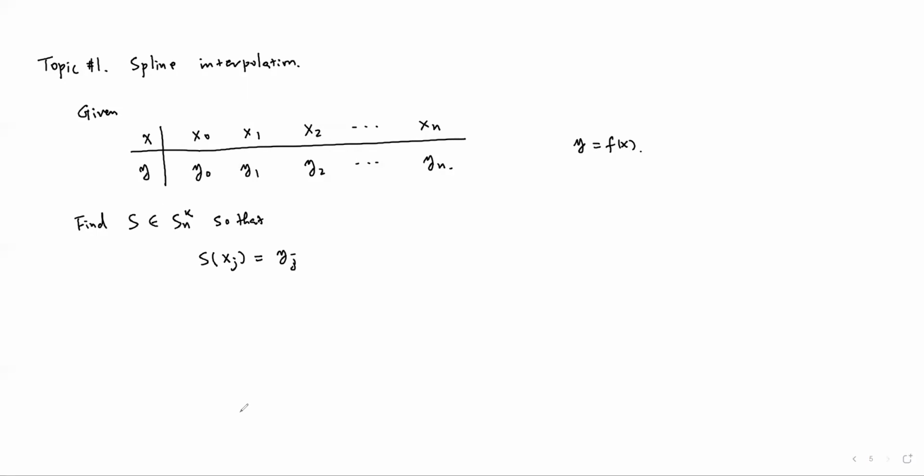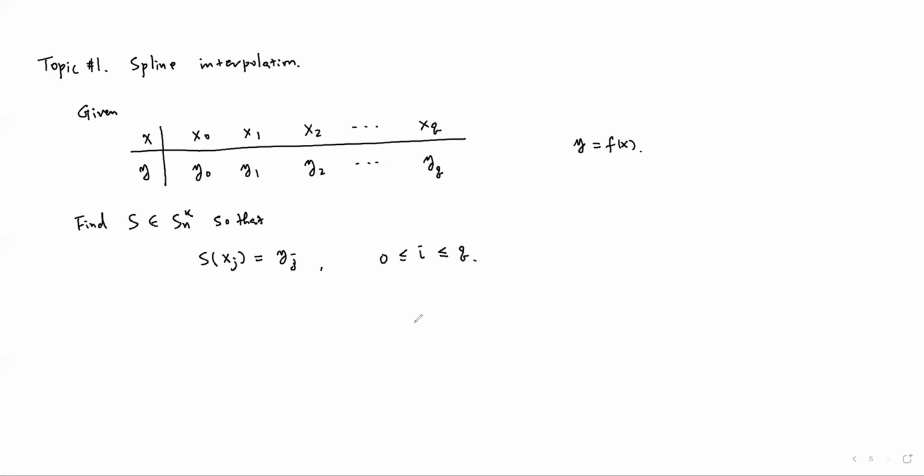Here, let me change this n to q. Q is different from n. So j here is greater than or equal to 0 and less than or equal to q.